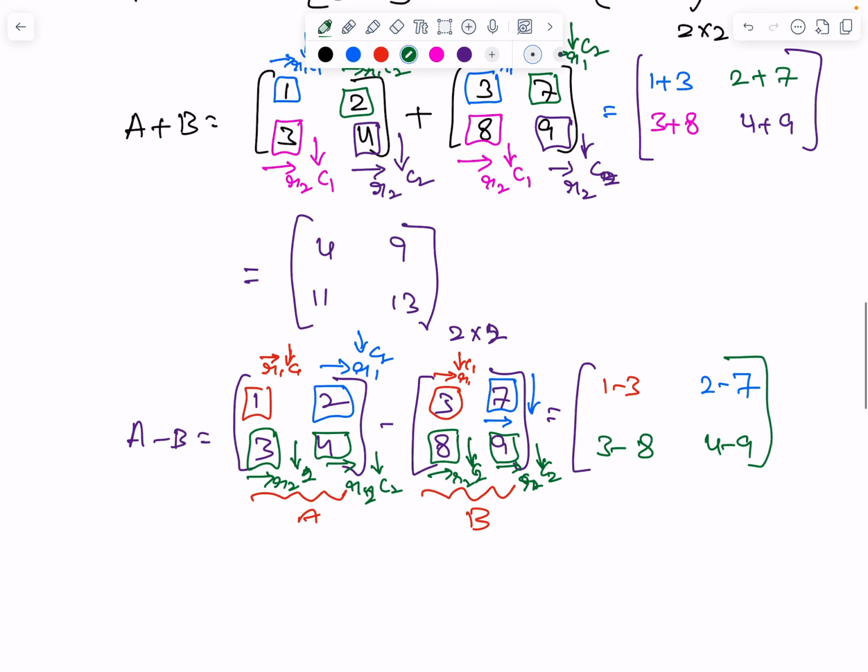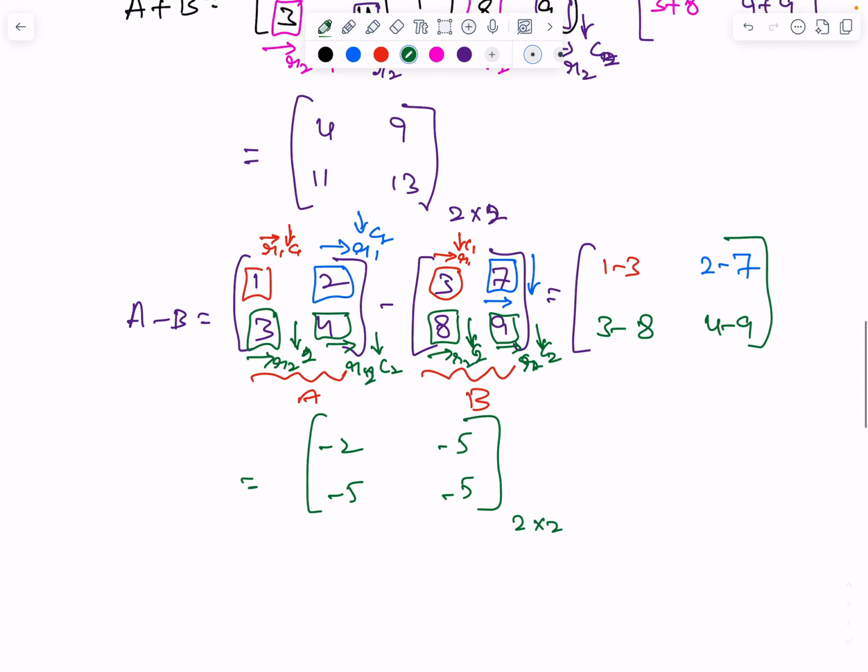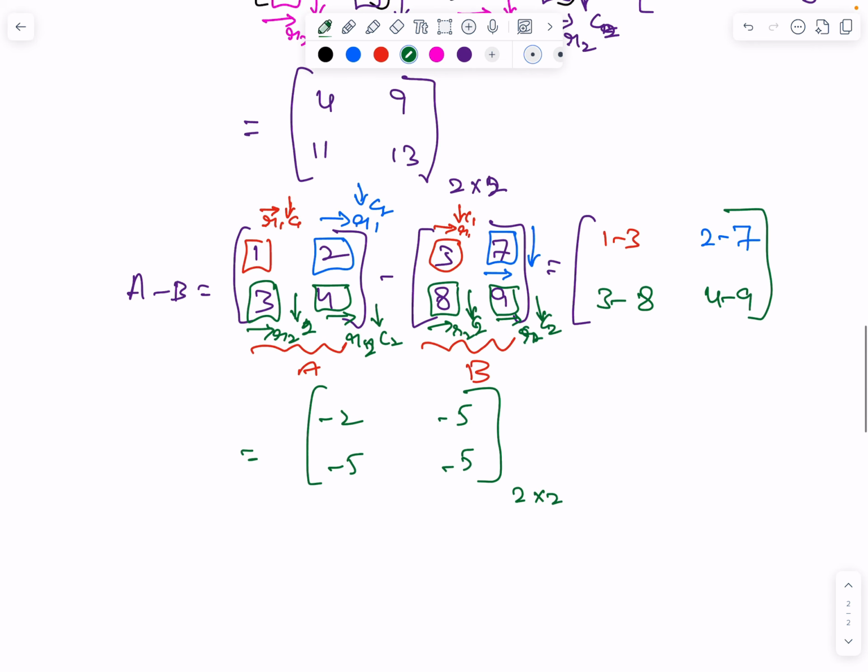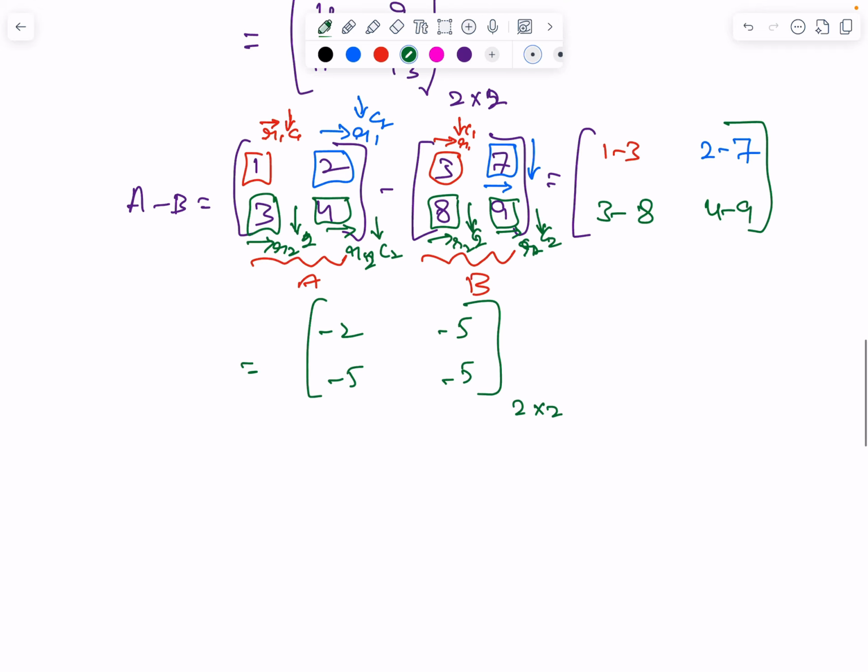This implies an output of minus 2 and then minus 5, and similarly you have minus 5. This is the matrix subtraction of B from A. You are getting an output like this. So, this is how we apply addition and subtraction of two matrices.